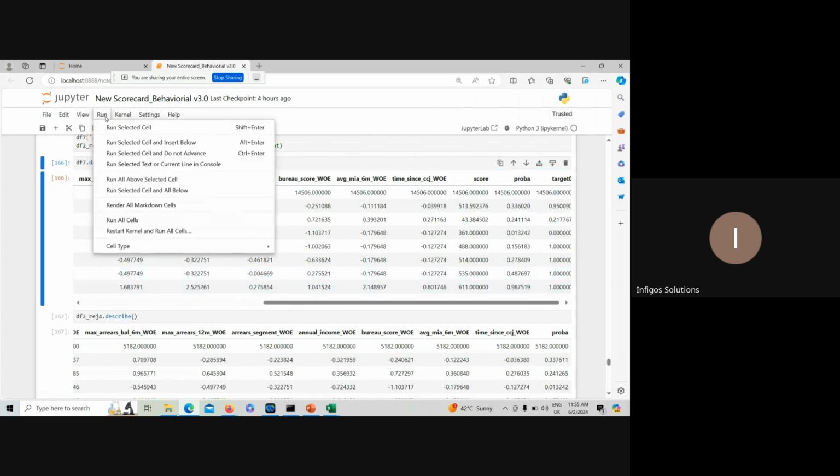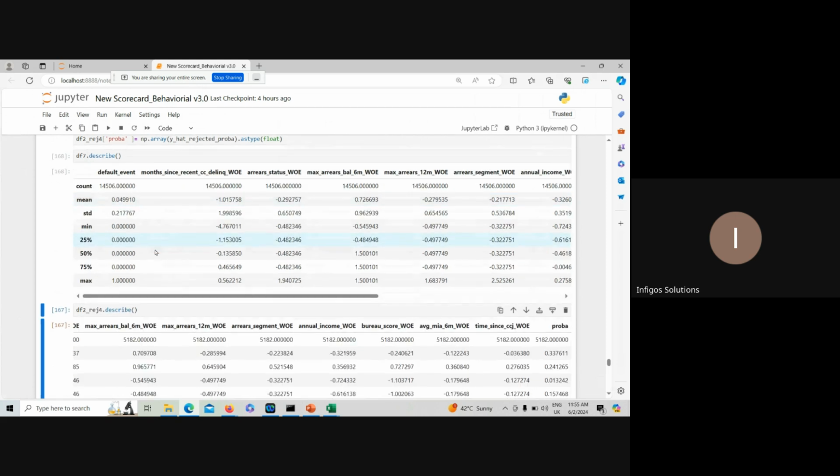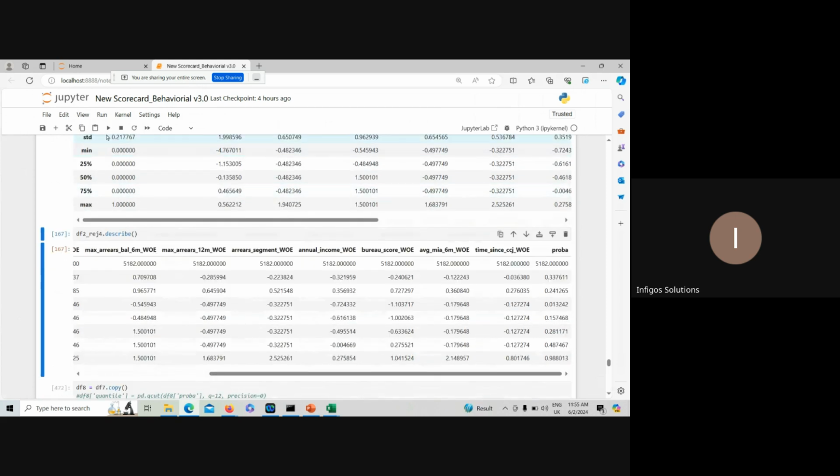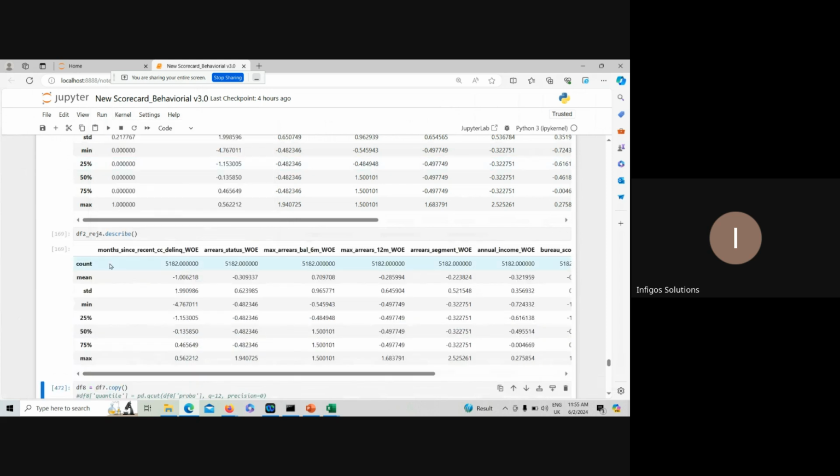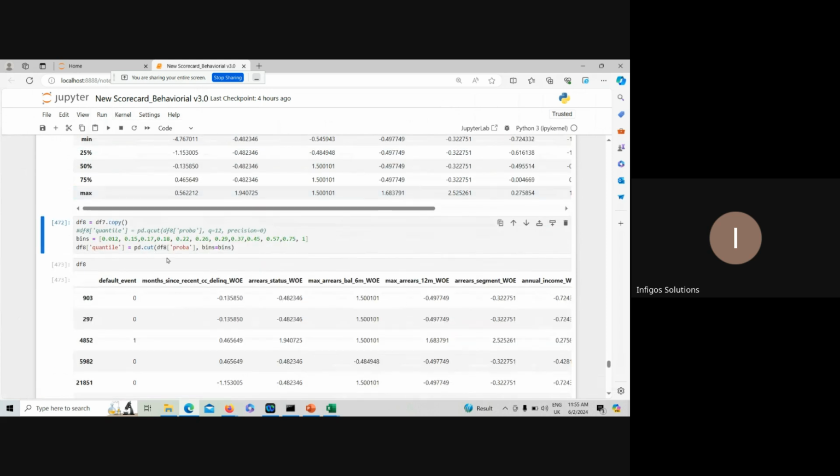We describe, so we identified the quantile for this particular data and we put it here.